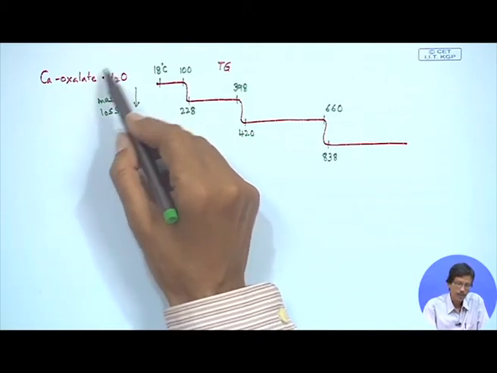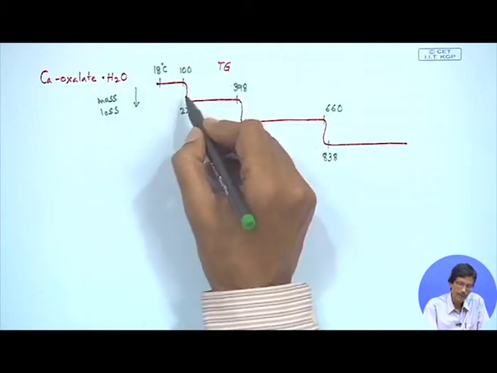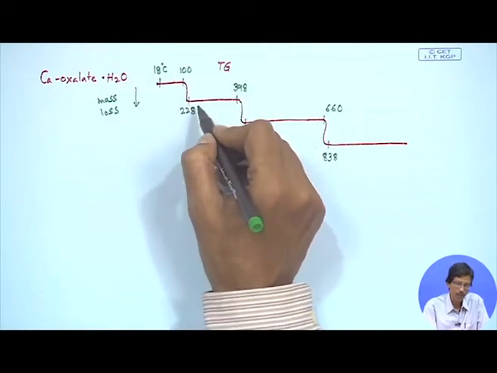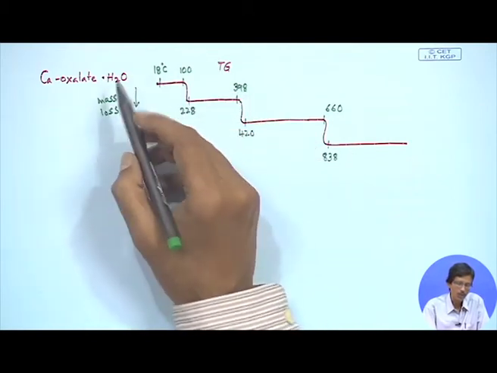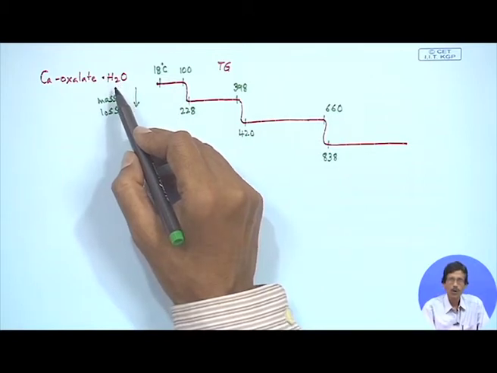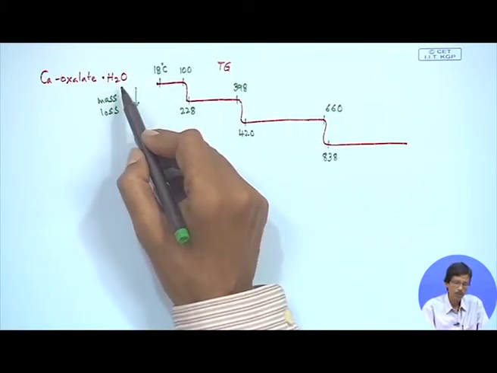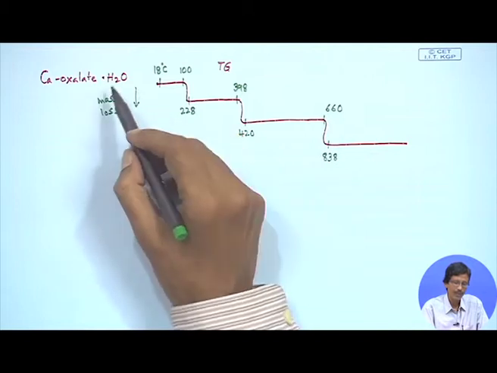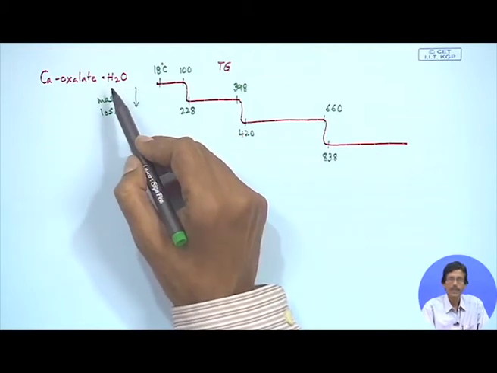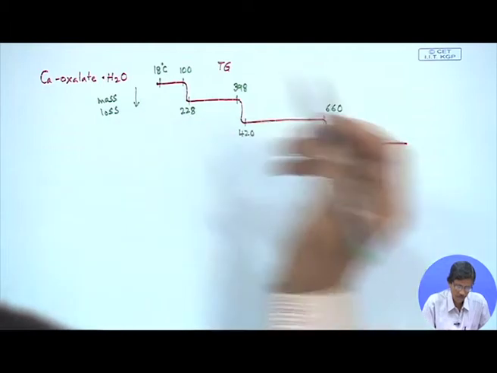So, that means the water molecule and the mass loss at this particular point, whether that will correspond to a single water molecule or a double water molecule or triple water molecule, also signifies the number of water molecules present with this calcium oxalate sample.